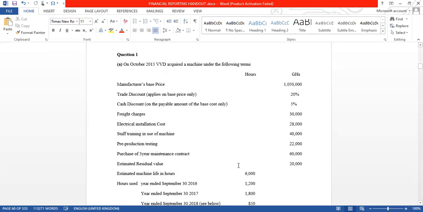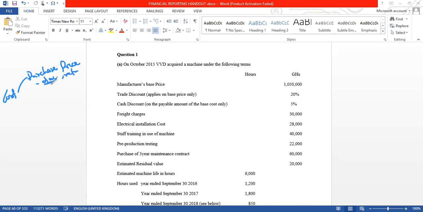Now, if you remember what we went through last lecture, we discussed the components of cost. The cost is the purchase price, but you have to take off discounts and any refundable taxes.